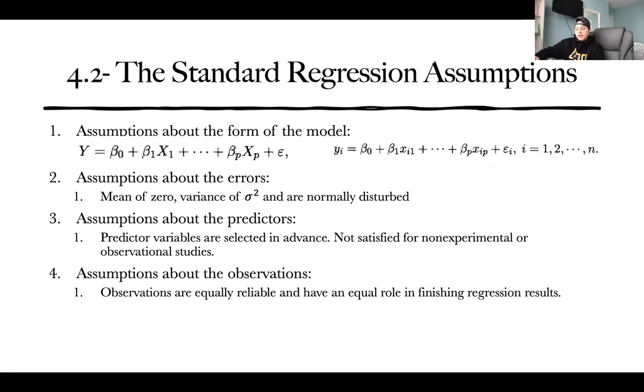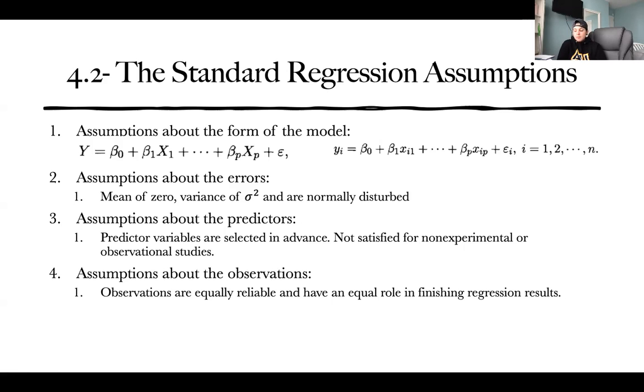This is called the linearity assumption. In simple linear regression, it is easy to simply look at the scatter plot of y versus x. If the scatter plot resembles a linear pattern, then we have linearity.